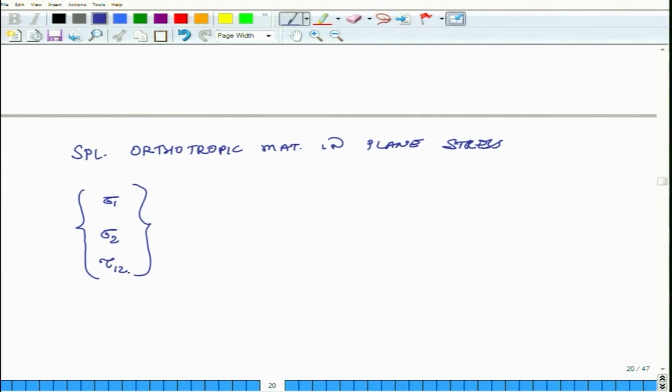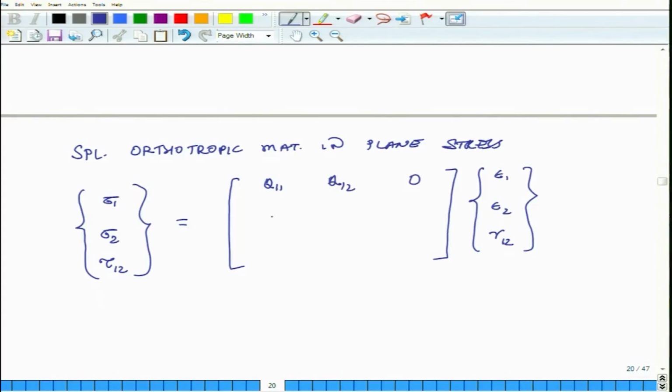Okay. And what are the 3 strains? Epsilon 1, epsilon 2 and gamma 1 2. And the elastic constants are Q11, Q12, Q22 and Q66.